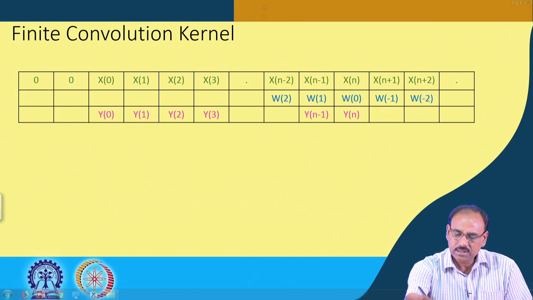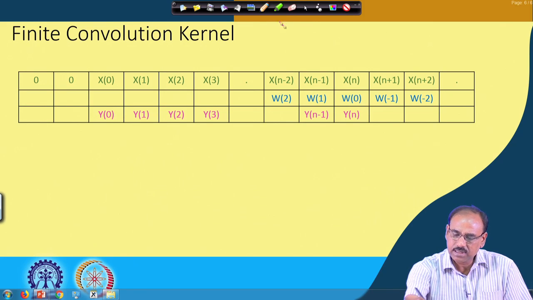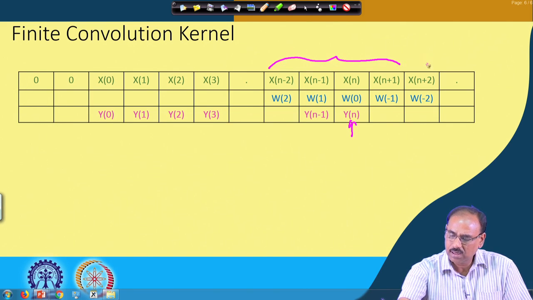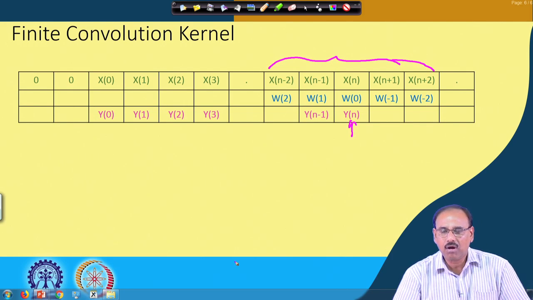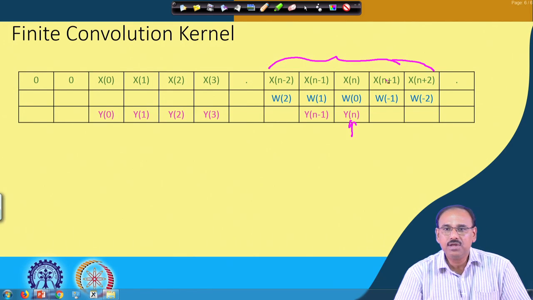So when I want to find yn, we are looking at the sample values from xn minus 2, xn minus 1, up to xn plus 2, as the size of my convolution kernel is 5. And this is what is known as your receptive field.